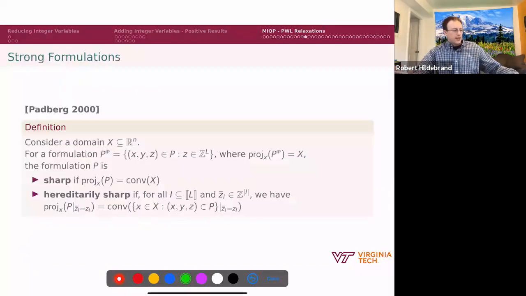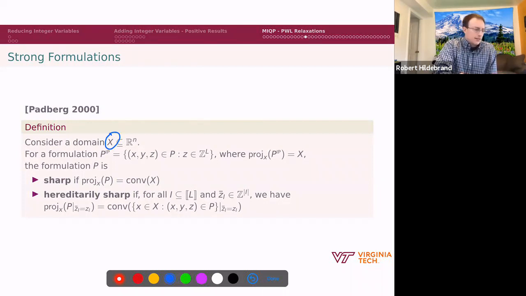Okay, so that's one aspect here. I'll talk about the sharpness idea, and I think this is probably the reason it has a lot of power and seems to be working well for us. The sharpness idea says, suppose I have an integer programming formulation, and what I really care about is some domain X in Rn, but I write some extended formulation in higher space where I've added some integer variables.